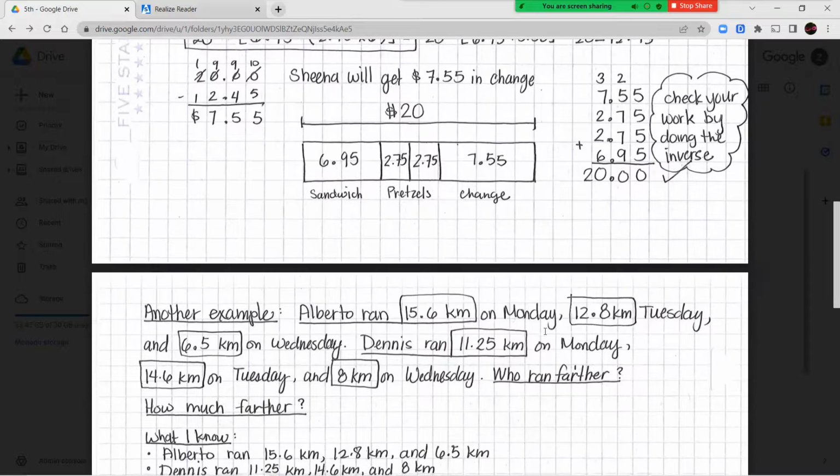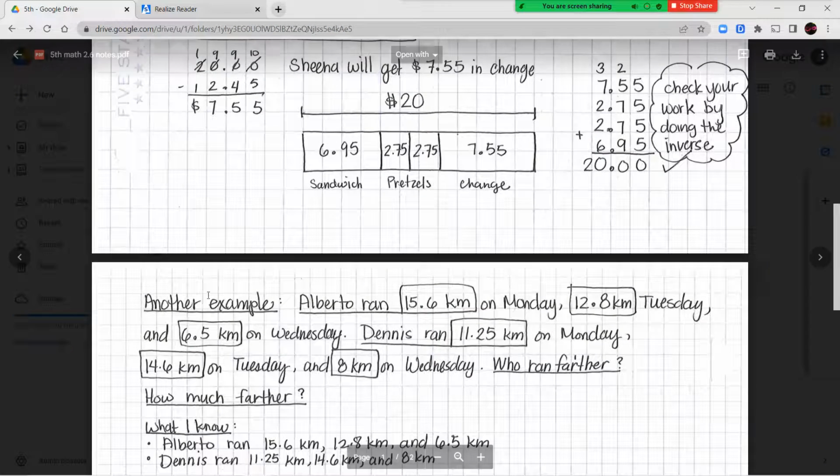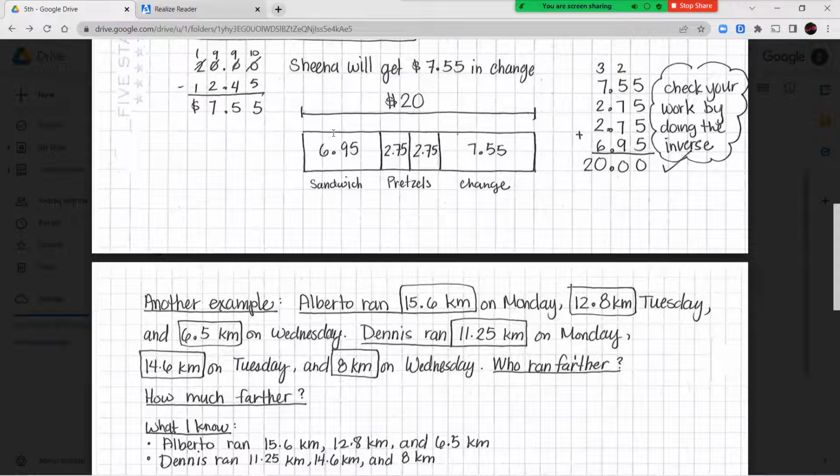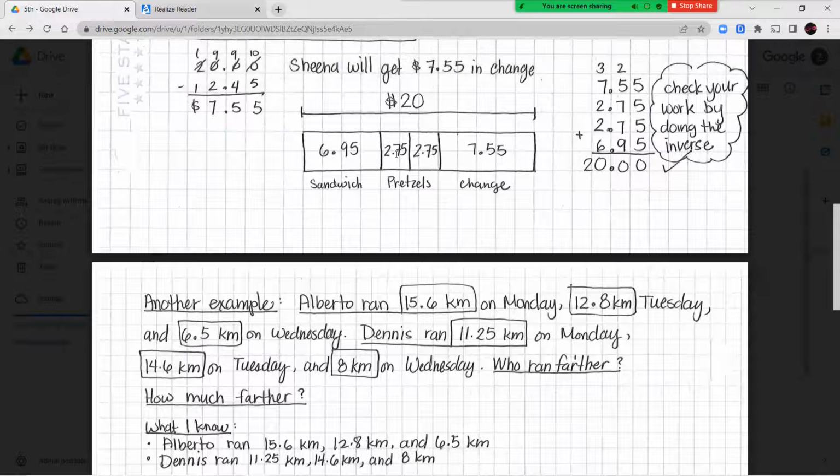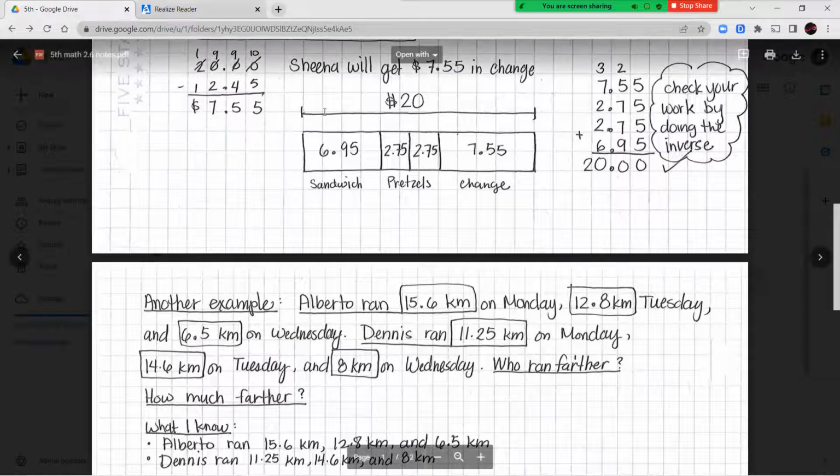Now I can draw that using a bar diagram, and I can also stack and subtract. So using a bar diagram, we know the $20 is going on top, the $6.95 and the $2.75 and the other $2.75 is going to go on the bottom, plus whatever she's going to get for change. All of that needs to equal $20.